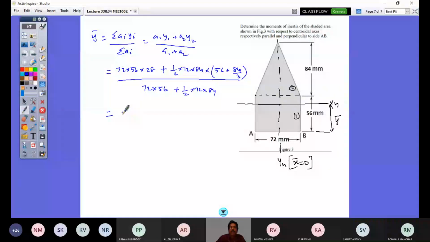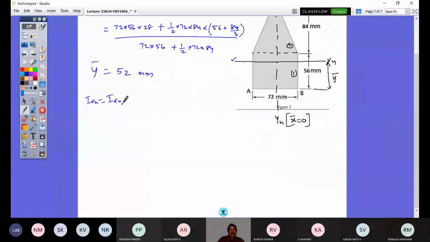After getting this, like in the previous case, the same way you can solve for IXG and IYG. So IXG is about this axis. IXG will be IXG1 plus A1 into dy1 square, plus IXG2 plus A2 into dy2 square.